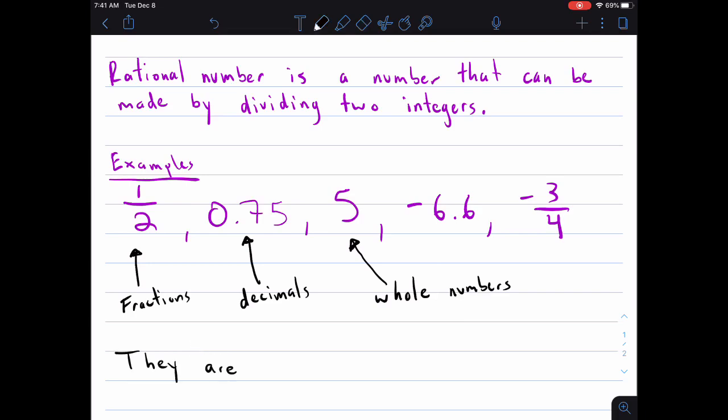Los números racionales son positivos y negativos, fracciones decimales y números enteros. Easy, easy, easy.